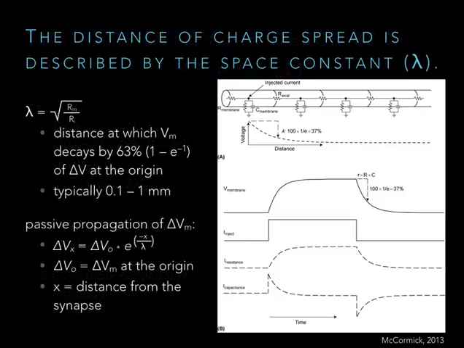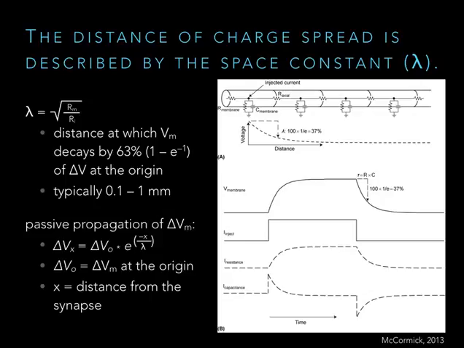The movement of charge in space is described by lambda, the space constant. So once you have charge, how does it propagate? Does it move a very, very long distance before it dissipates to nothing, or does it quickly dissipate to nothing? The space constant is going to be the square root of the membrane resistance divided by the internal resistance. This makes sense.